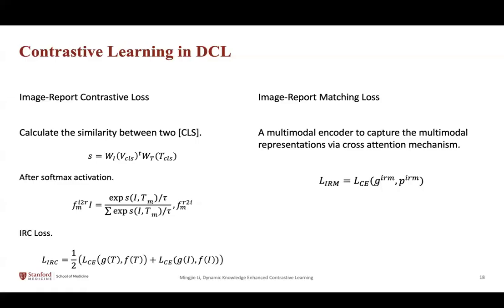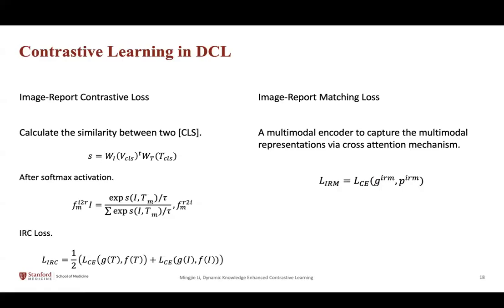And here we also use another loss, which we call the image report matching loss, to further enhance the representation learning. It is a binary classification task to predict whether the given image report pair is positive or negative, matched or unmatched.